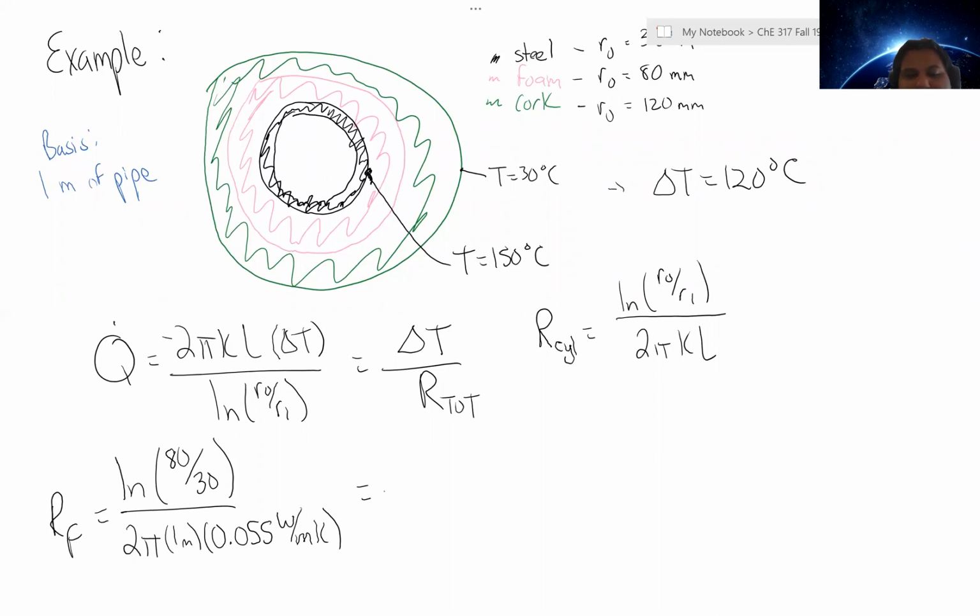Which if I run this, I get approximately 2.83 kelvins per watt.